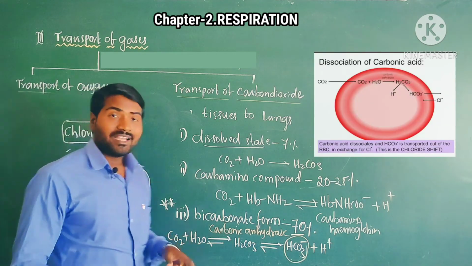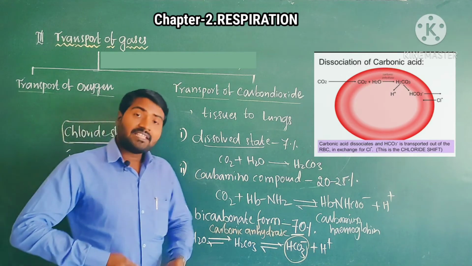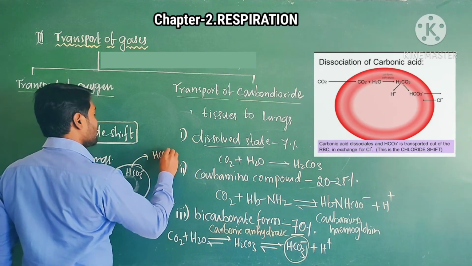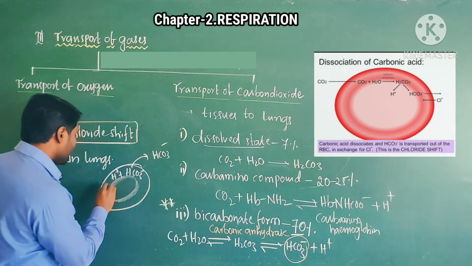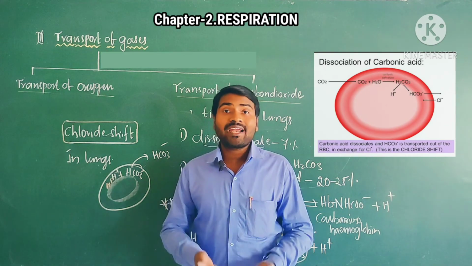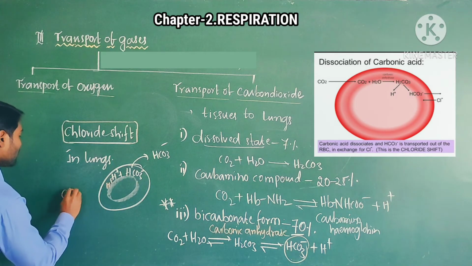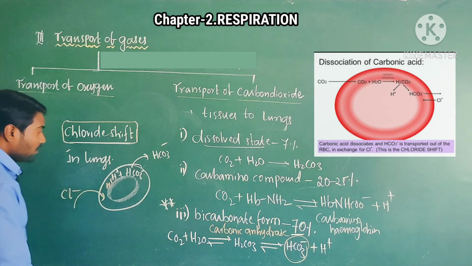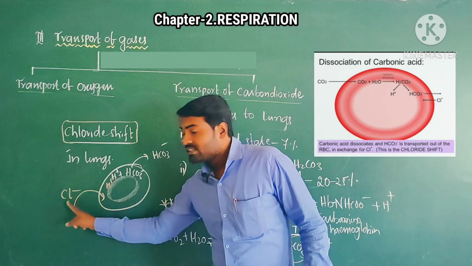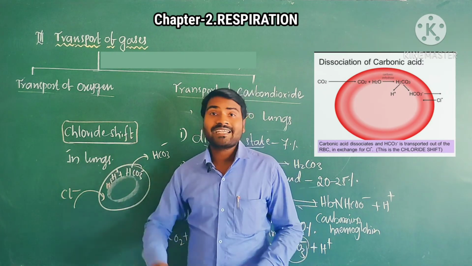Where is bicarbonate present? It is present in the RBC. When it reaches the lungs, this bicarbonate, HCO3 minus, comes out of the RBC. Thereby the hydrogen concentration increases. Blood contains chloride ions. Those chloride ions enter the RBC to maintain the balance.